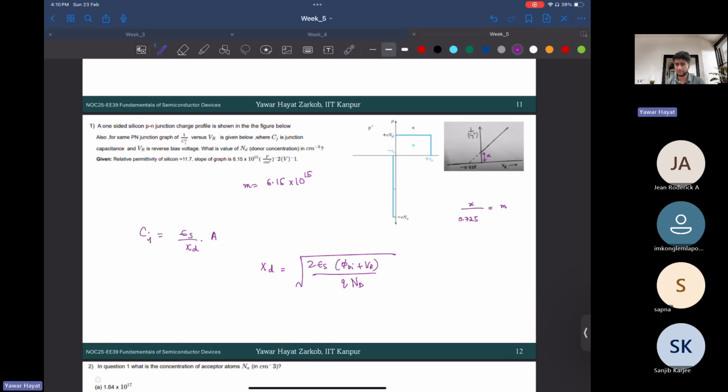I'll write the answer, right? Your Nd is 1.96 into 10 to the power 15 per centimeter cube. Try this out and you can mail me if you have any doubt regarding this question. Is this fine?